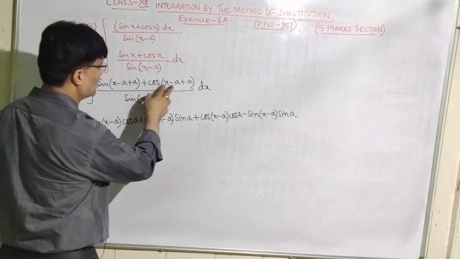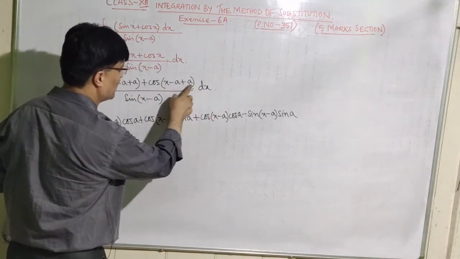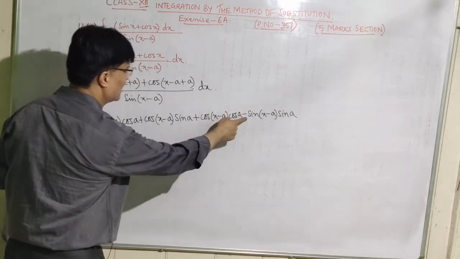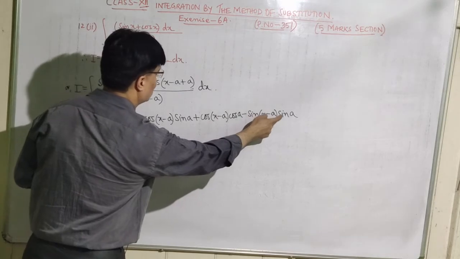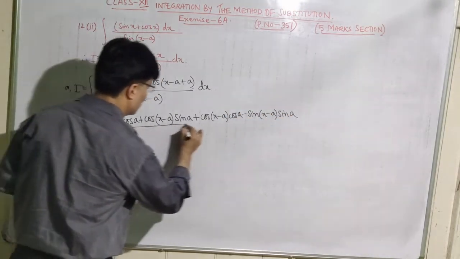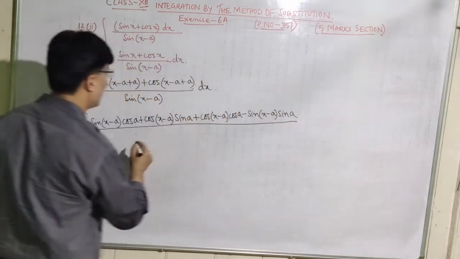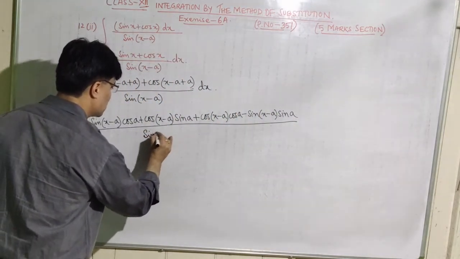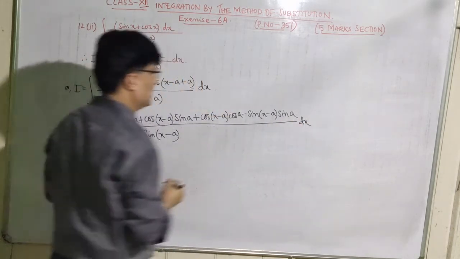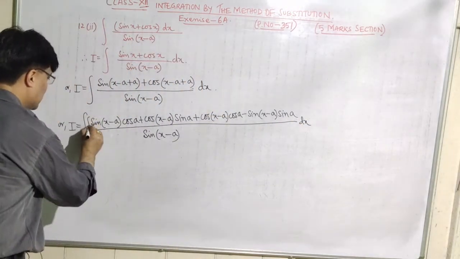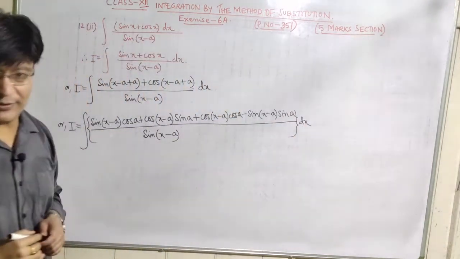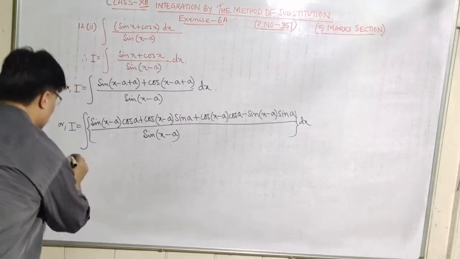So cos A means cos of x minus a, cos B means cos a. Since this is plus, you should write minus here. Sine A is sine of x minus a and sine B is sine a. This whole divided by sine of x minus a, dx. So you can write it within this second bracket. Okay, so let us separate the terms now.